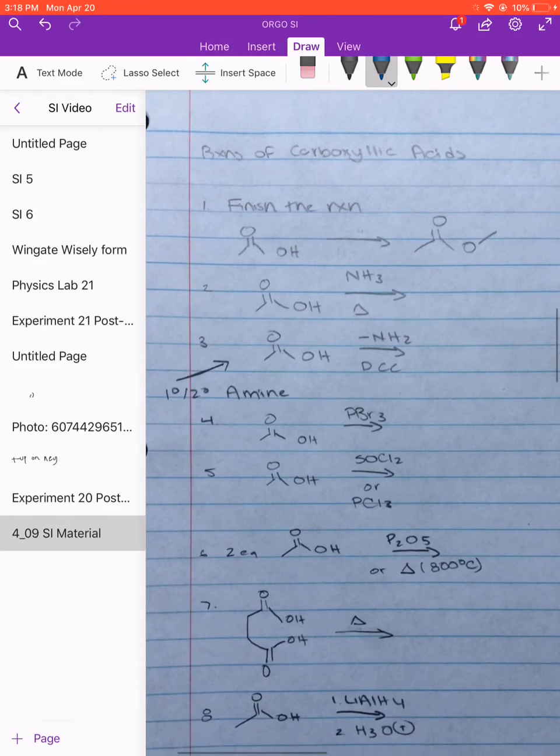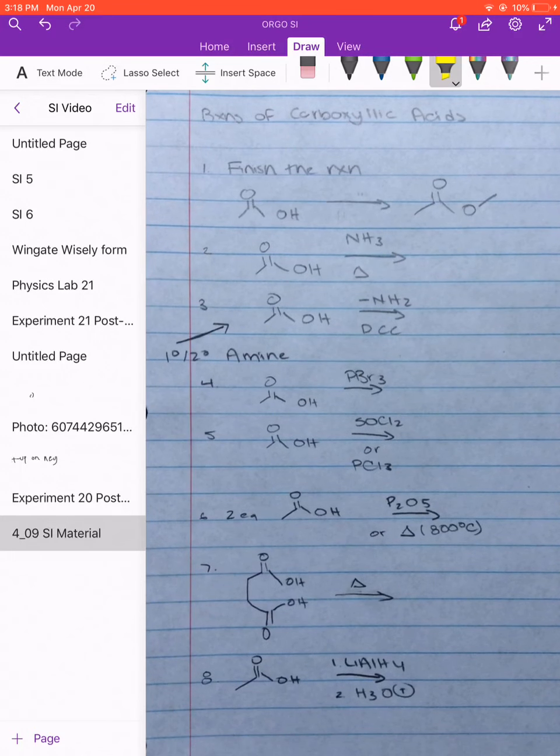And now we're up to reactions of carboxylic acids. So we have to finish the reaction for number 1. We have a carboxylic acid forming an ester, and so what we can use is a primary alcohol in acid. So let's put the acid first and then the primary alcohol, CH3OH.